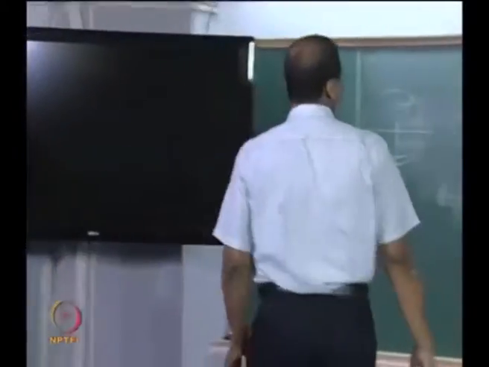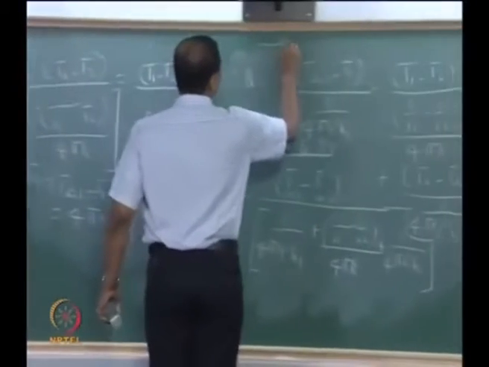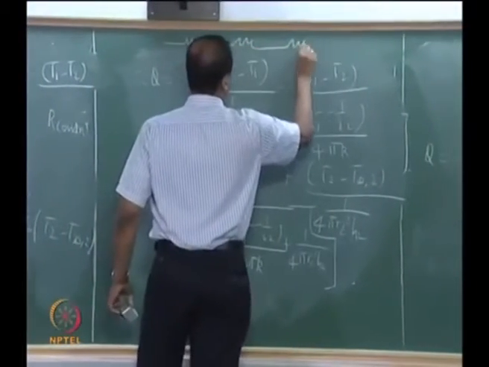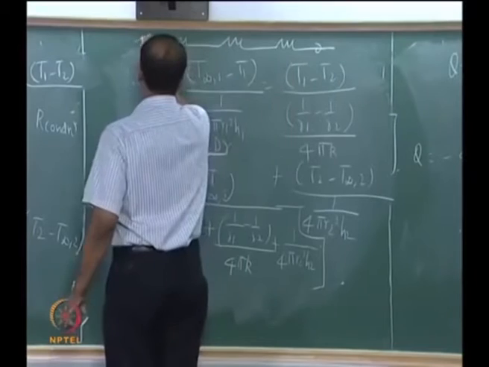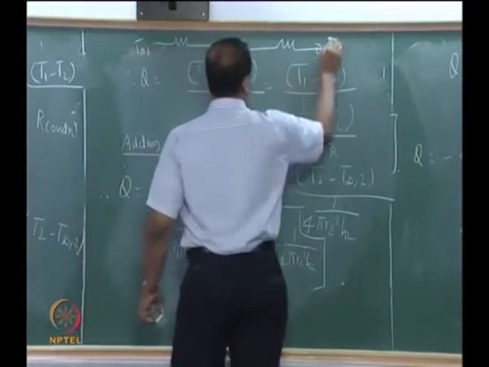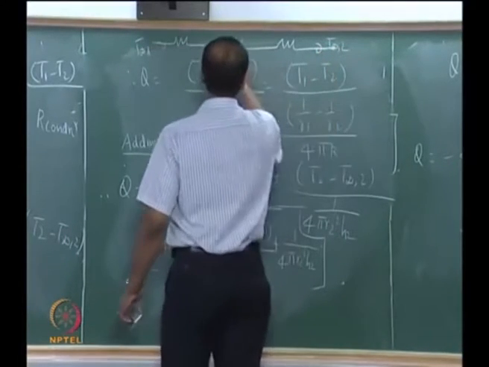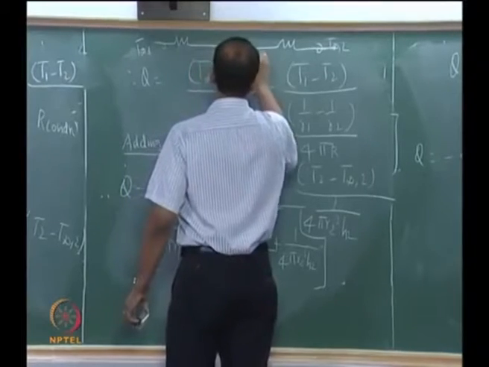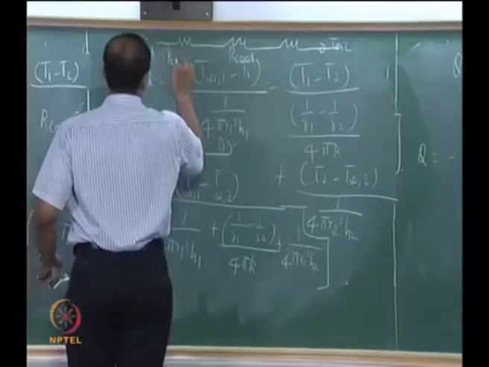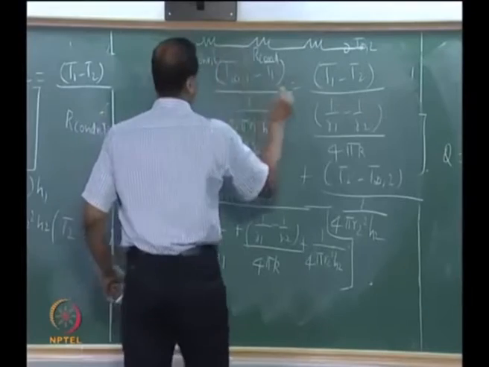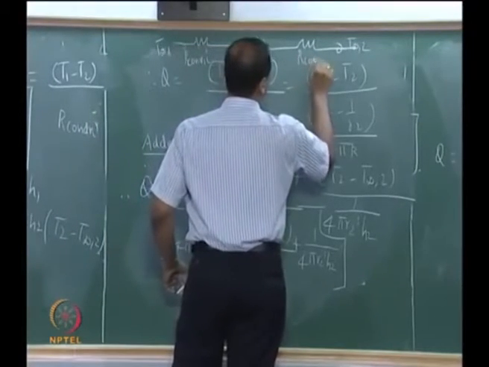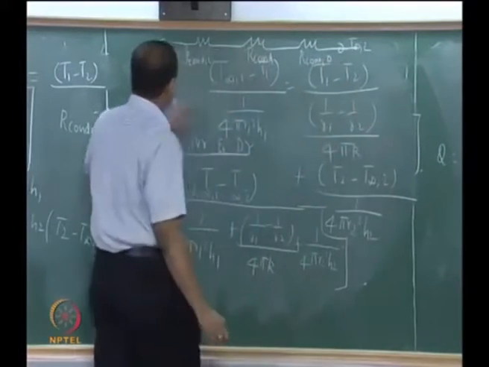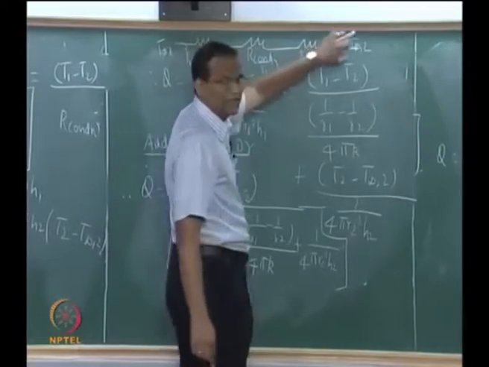You can draw this like this. T infinity 1, so R convection inside, R conduction, R convection outside.